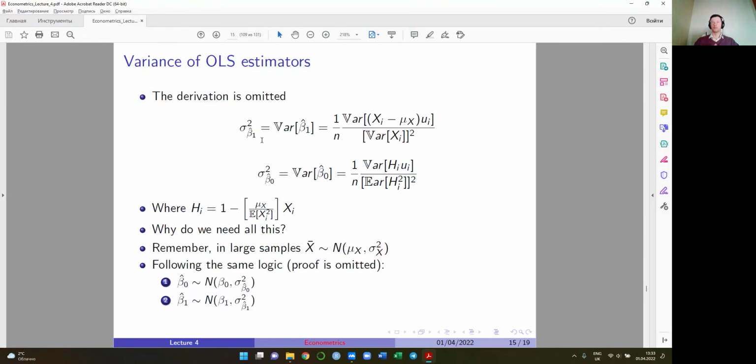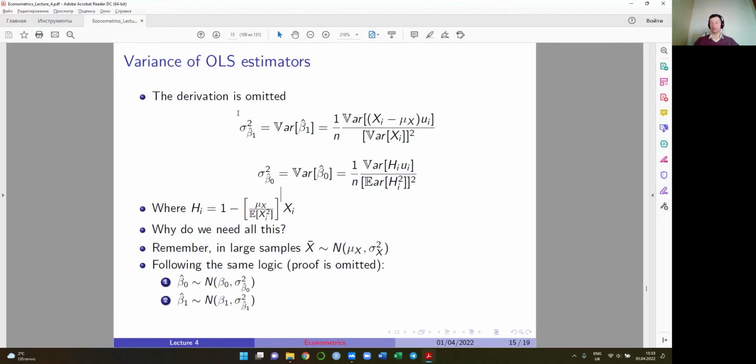The unknown error term. U is not known. By the way, the variance is also not known, because this is the population variance, and we want to estimate it with the help of the sample variance. Mu x is not known. So we have a lot of unknown parameters.